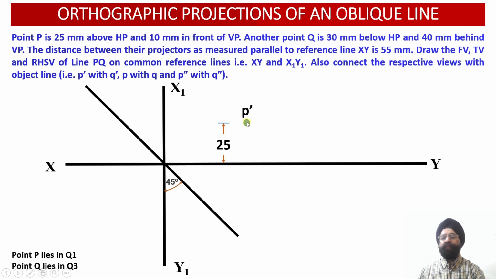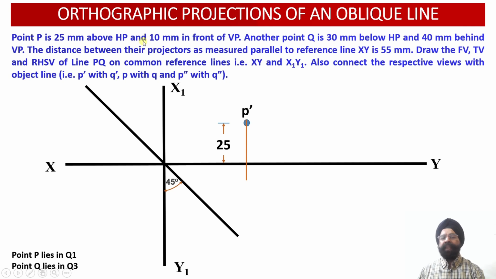So we have got front view projection P dash drawn 25 millimeter above the XY reference line. The moment we mark the projection of the point P in the front view as P dash, we know that the projection of the point P onto the top view, that is point P, will be lying just below this particular point P dash alongside this vertical projector line drawn through the point P dash over here.